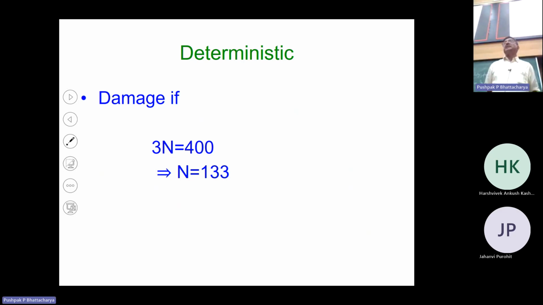Then if I say 3n equals 400, then n equals 133. This is a possible answer. I will not allow more than, or even close to, 133 cars on the bridge, because the car's mean weight is 3 and the mean tolerance weight is 400.